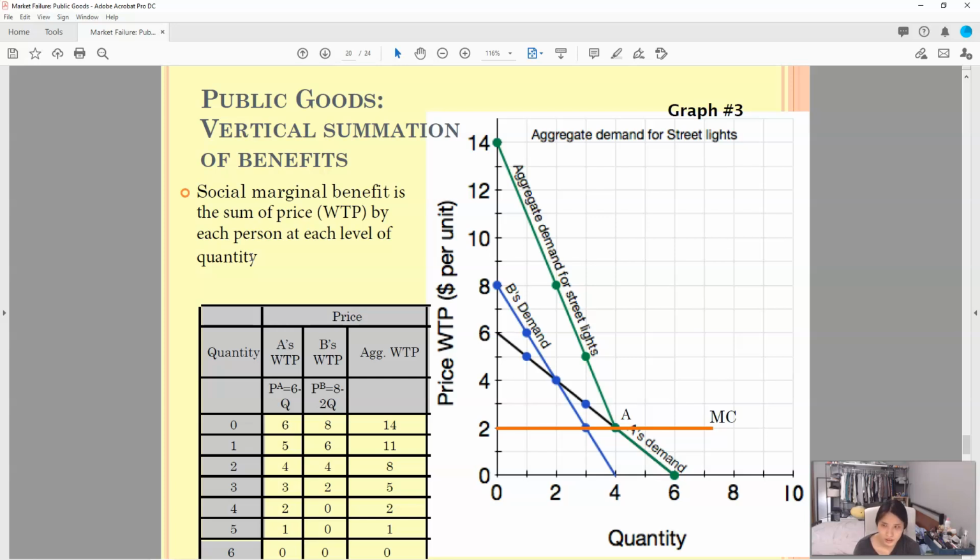We cannot change the quantity provided. However, everyone has different willingness to pay at a specific quantity level. So to get the aggregate demand curve for a society, we need to sum the price by each person at each level of quantity. So that is for the public good.